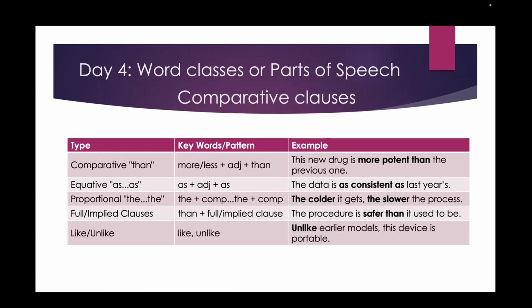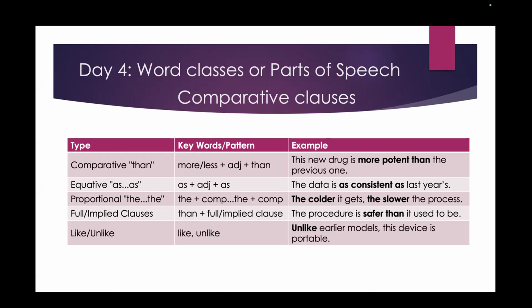And we can also use words like or unlike when comparing two clauses. So like to say that two things are similar, and unlike to say that these two clauses differ. For example, unlike earlier models, this device is portable.